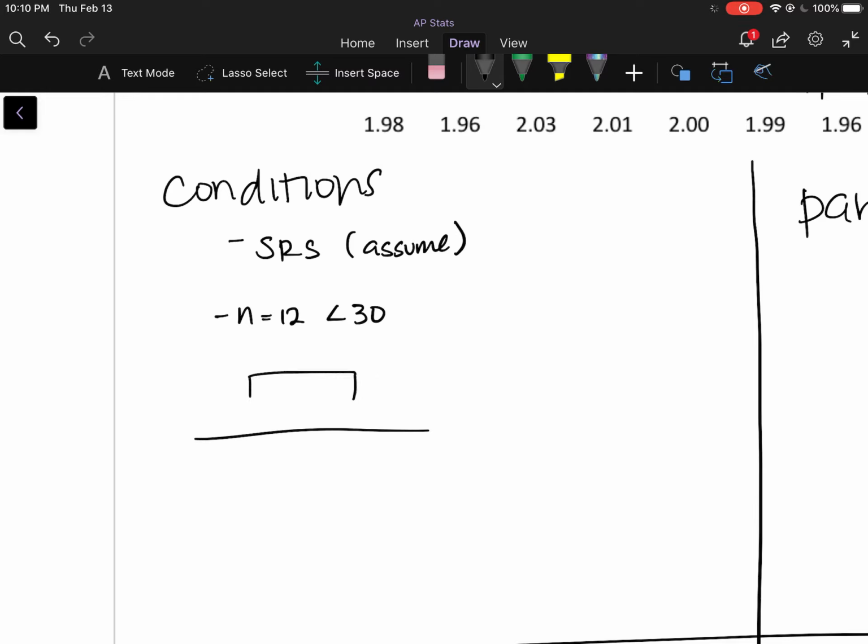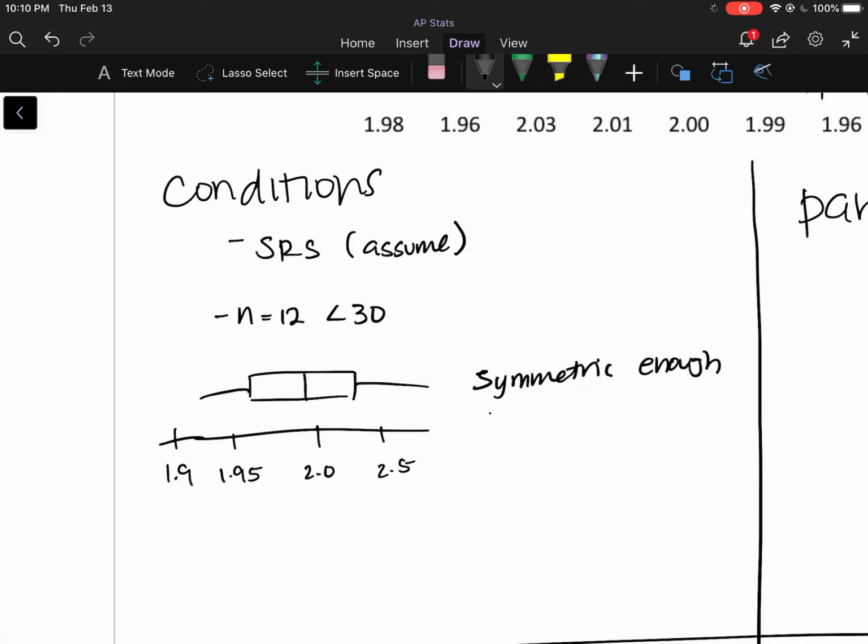So if I created a box plot in my calculator, I have 2.0 here, 1.95 here, 1.9 is here, 2.5 is here. So we can tell that this is symmetric enough and there are no outliers. Okay, so we're good there.